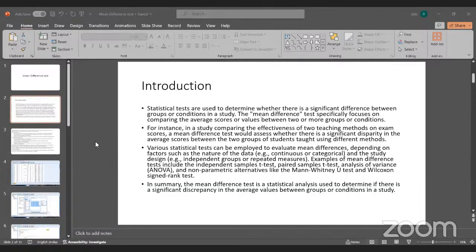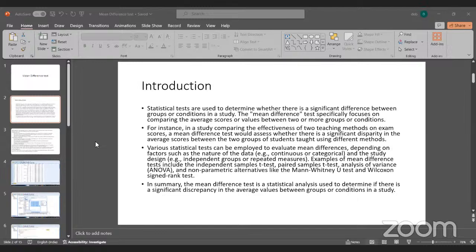Number two, for instance, in a study comparing the effectiveness of two teaching methods on examination score, a mean difference test would assess whether there is a significant disparity in the average scores between two groups of students taught using different methods.